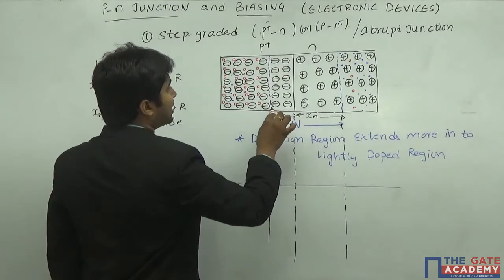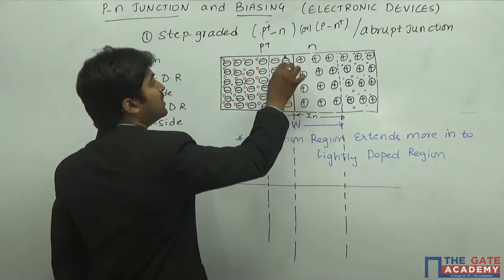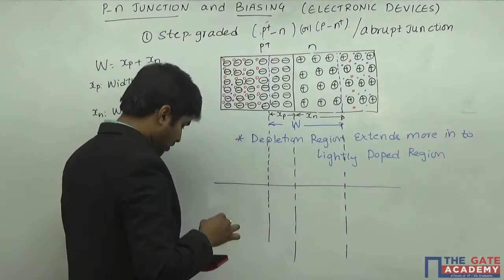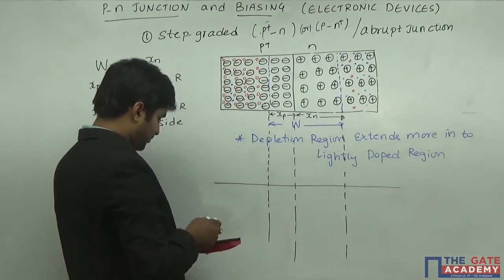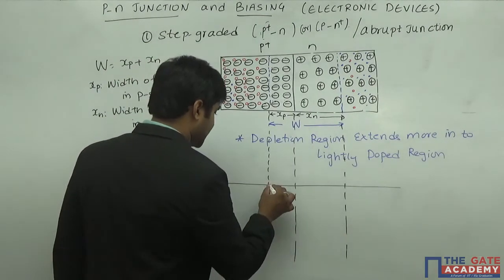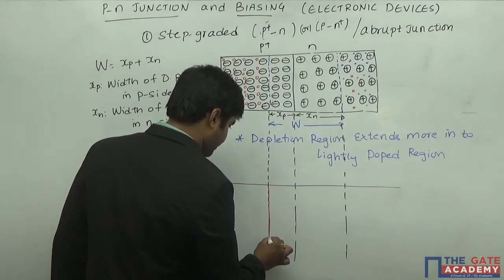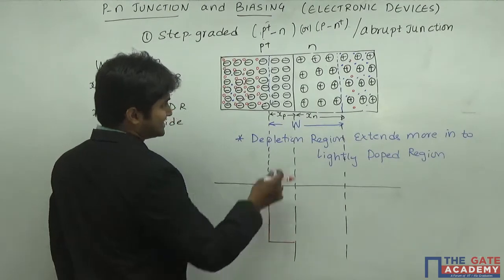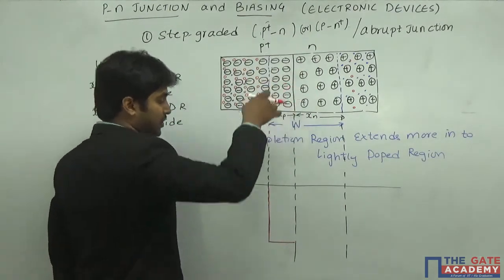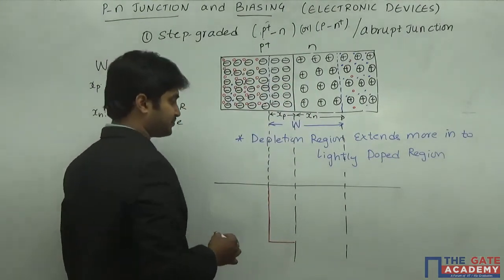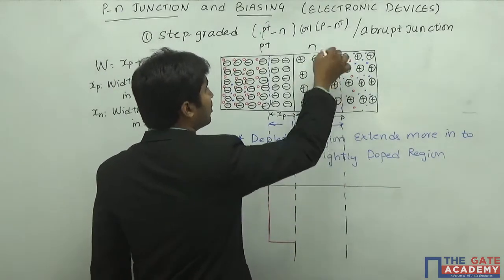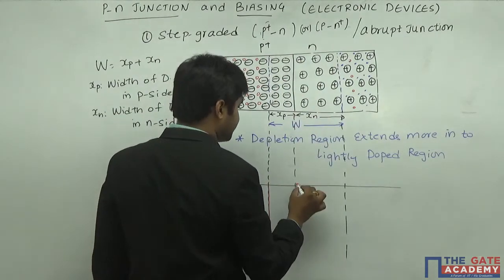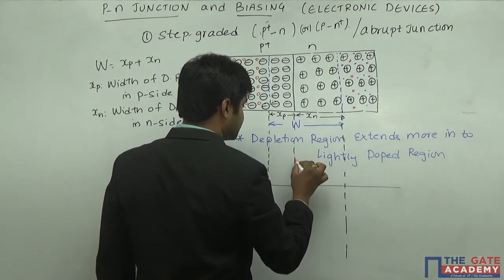So the number of ions present is also uniformly placed inside the depletion region, so the charge density is going to be a constant inside the depletion region. Why is it negative? It is negative because you are talking about the negative ions. Similarly here, the number of charges is going to be less, but still it is positive, so we are going to draw a region which is also positive.